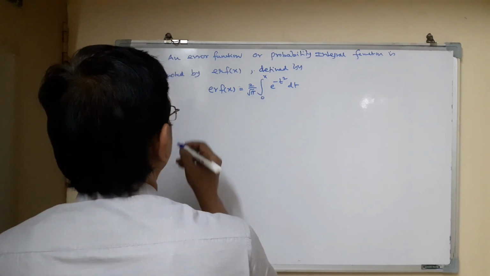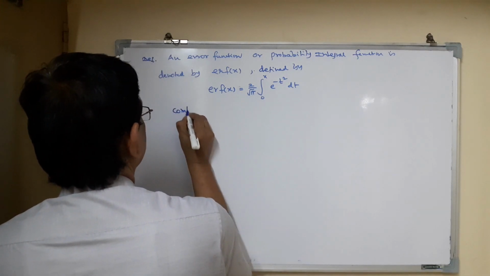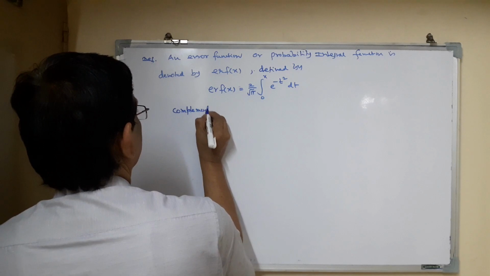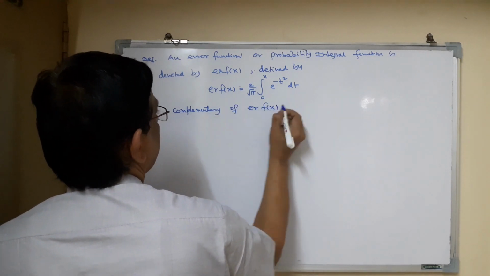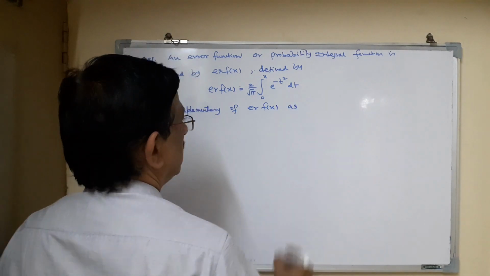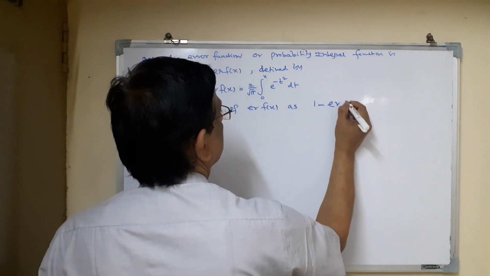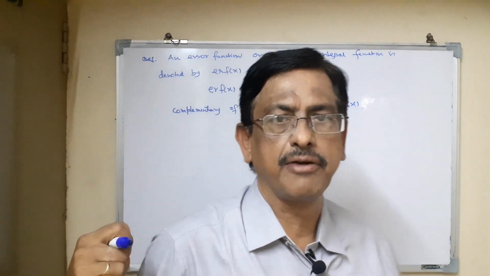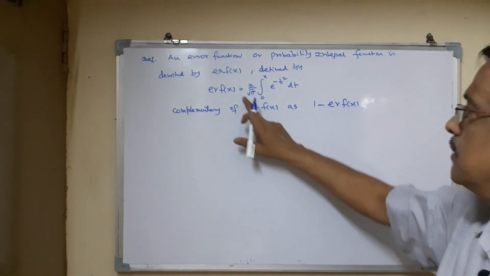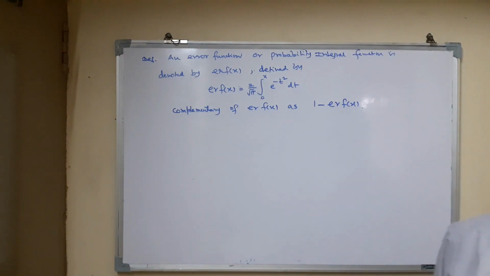I will define here the complementary of erf x as 1 minus erf x. So complementary function and error function, both are defined. Let us see a small observation, a few properties on this.